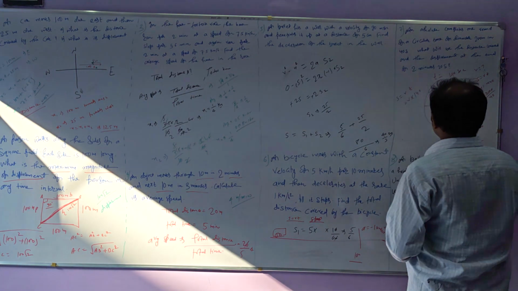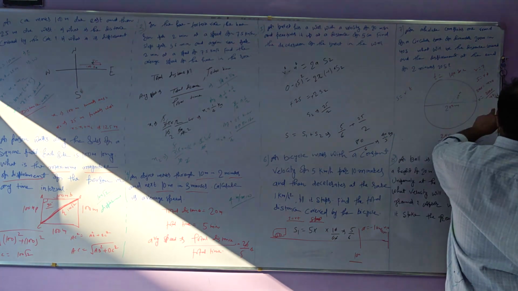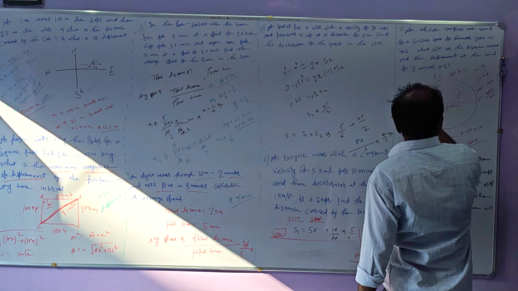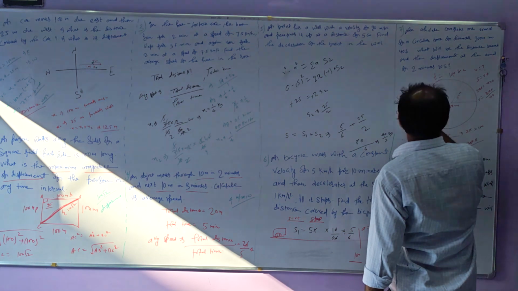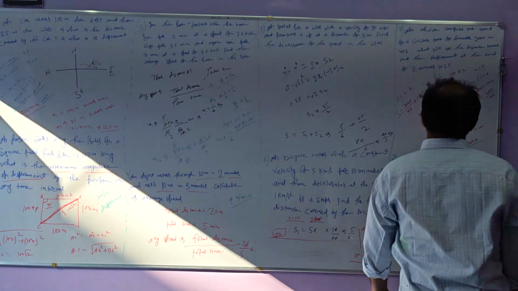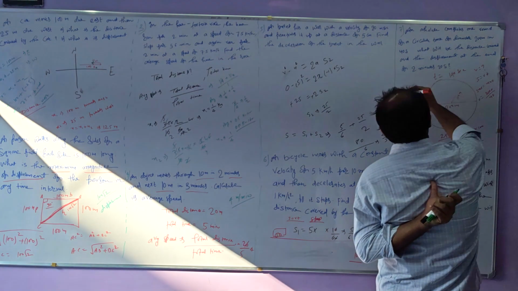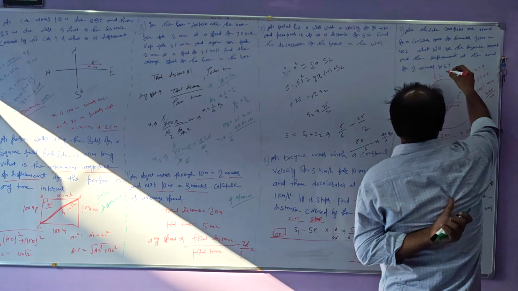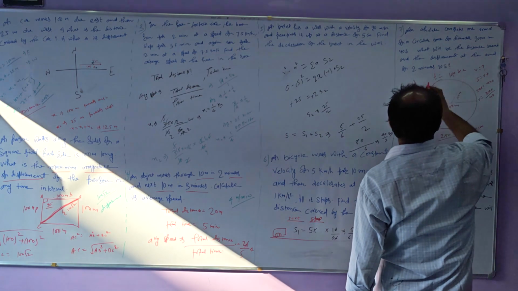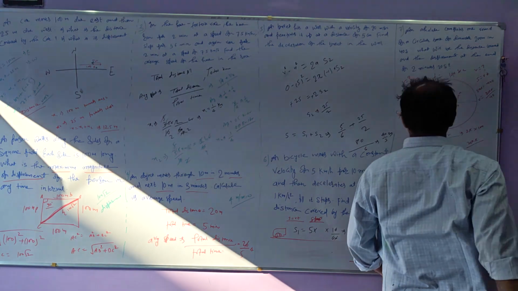S is equal to vt, v is equal to 200 pi upon 40, into time 140. We need to find the distance at t is equal to 140 seconds.